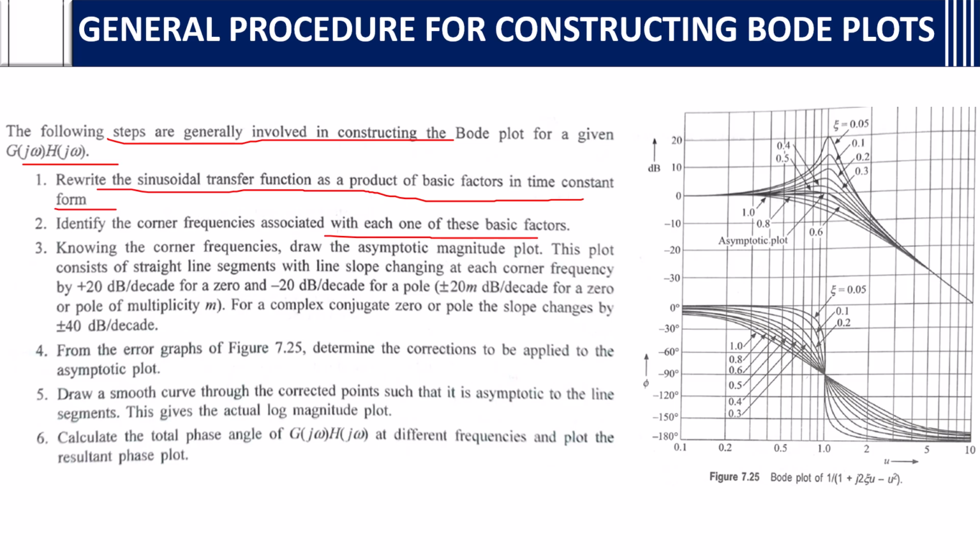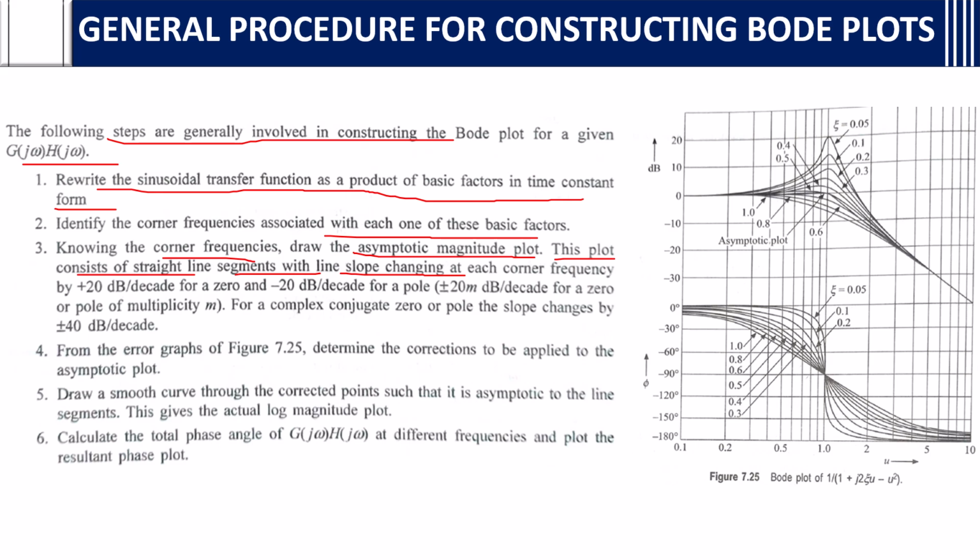Then, once we know the corner frequencies, draw the asymptotic magnitude plot. This plot consists of straight line segments with the slope changing, the same way we have drawn before. Same way we are going to draw it for a given transfer function G of j omega and H of j omega.